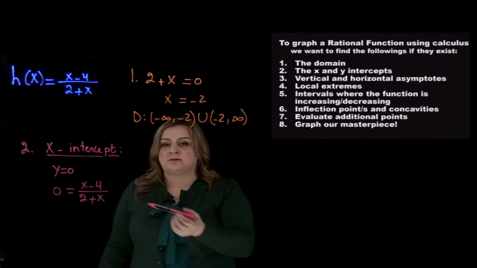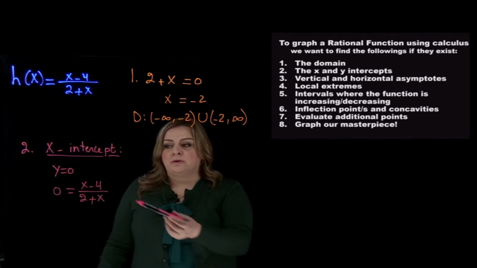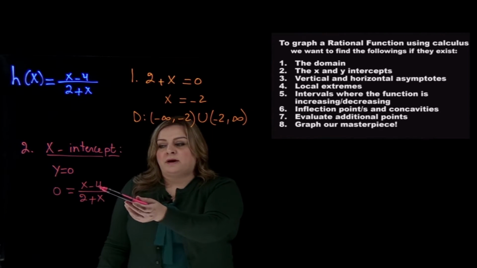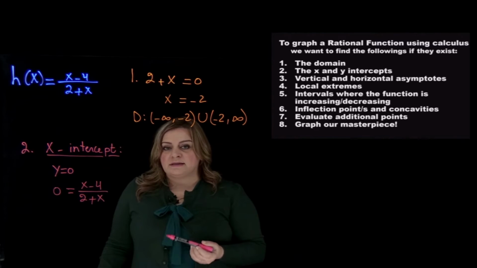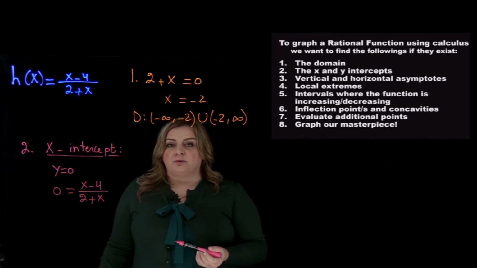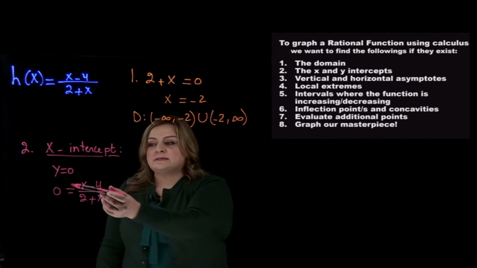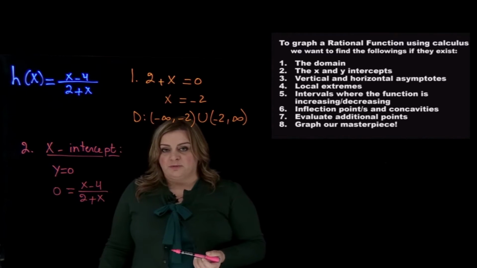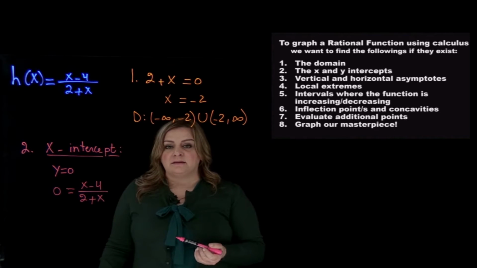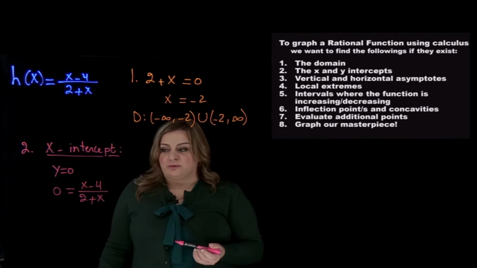Now when is this true? This is true if our numerator is 0. It is sufficient to show that the numerator is 0 for this equation to be true, because 0 divided by any non-zero number is 0.